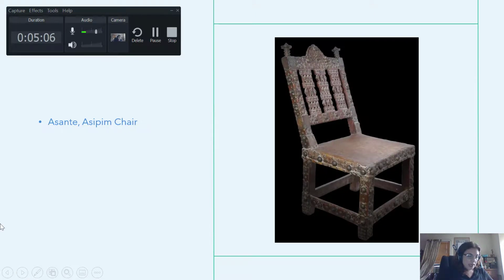So here we have an example of what happens after they do have interaction with the Europeans. We have a number of different types of chairs that start to be created. Namely, we now have chairs with backs like this, and you can see how this looks much more like, we would think, maybe a medieval chair from Europe.